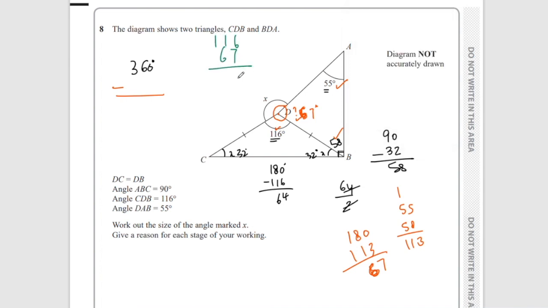We get 183. We subtract 183 from 360. We will get 177. X is 177 degrees.